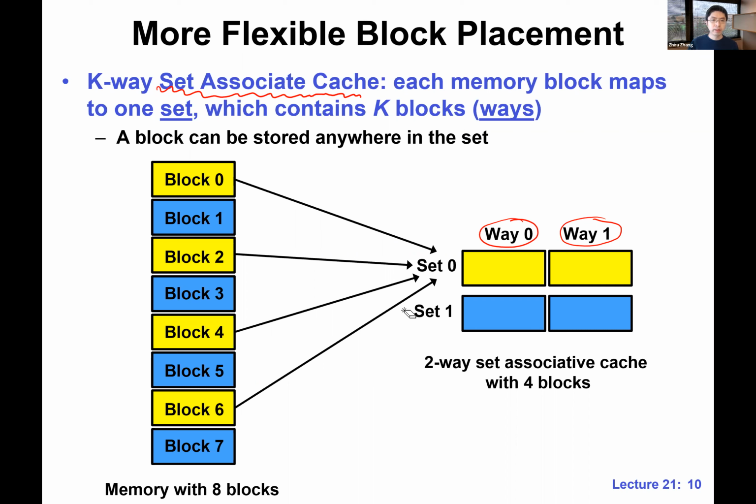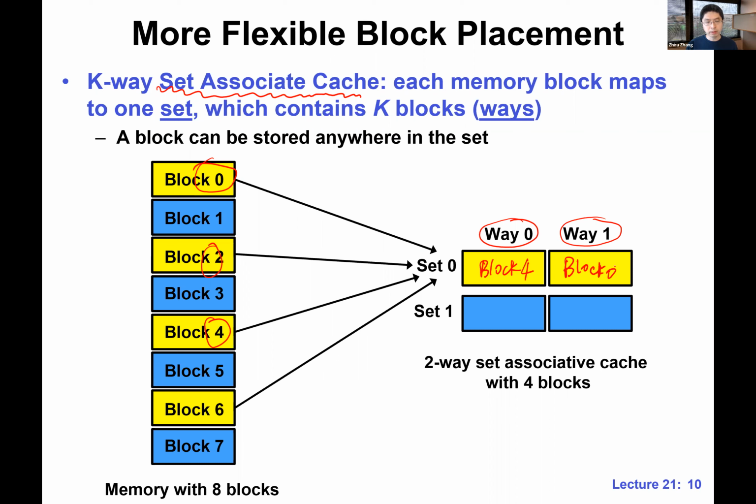Within the set, if you look at memory blocks 0, 2, 4, we can put block 0 here, or block 4 here, it doesn't matter. Block 4 can go here and 0 can go here when we actually move data from memory to cache. That's why I'm saying that within the same set, these cache blocks are indistinguishable.